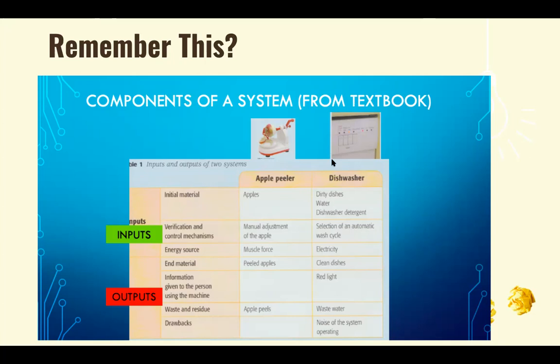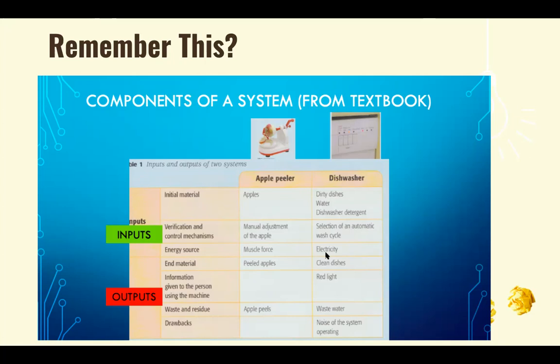Now, over here, we looked at the dishwasher, and the dishwasher's purpose is to wash dishes, but it doesn't wash dishes on its own. I push a button, and then the button will allow electricity to flow, and then the dishwasher will work. So here, the energy source is electrical.